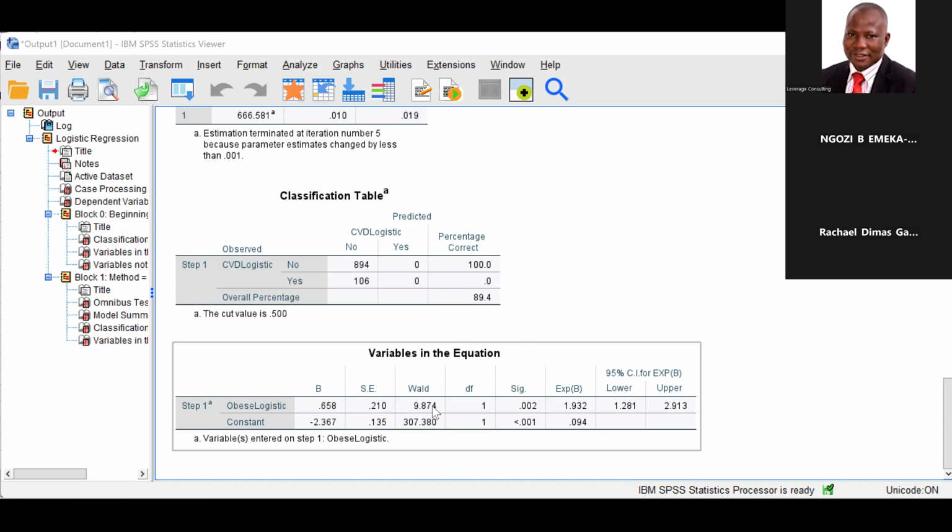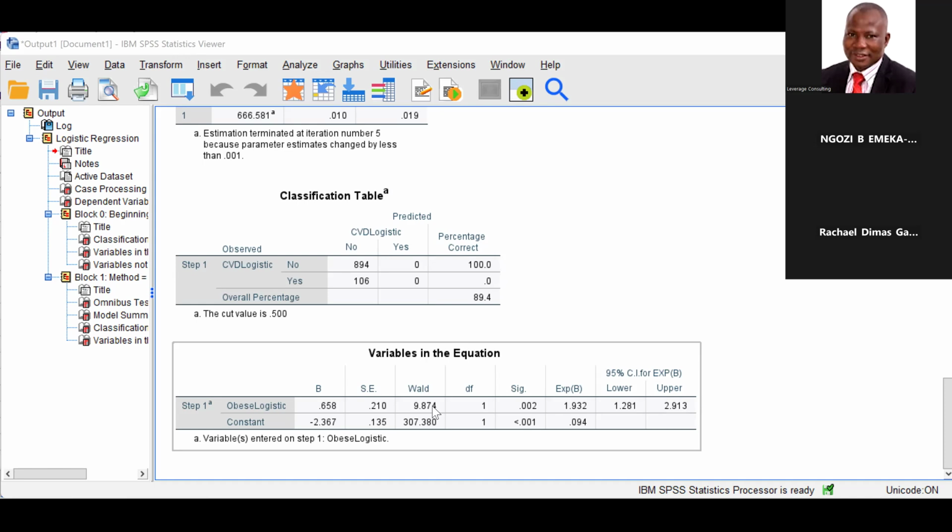If you divide beta over the standard error, it follows a normal distribution. But if you now square it, it gives you the Wald statistic.